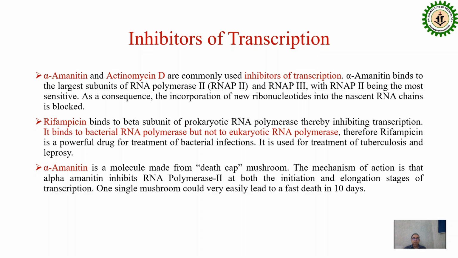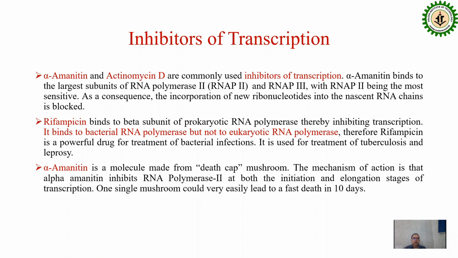You know that it is not advisable to eat each and every mushroom because some mushrooms we call poisonous, but actually what happens is it contains alpha amanitin. So it is a type of inhibitor of transcription.